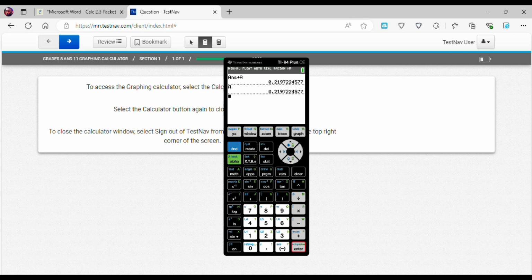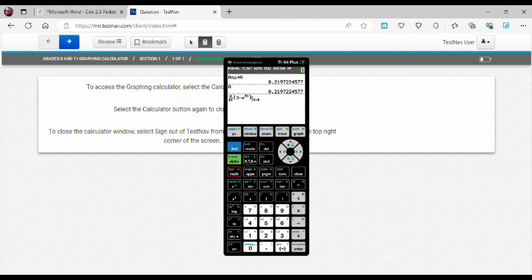So now we can do our math 8, d/dx. We're not going to do y1 because I didn't put the function. We're going to do 3 minus e to the 5x. And then our x equals a, which is 0.2197224577.